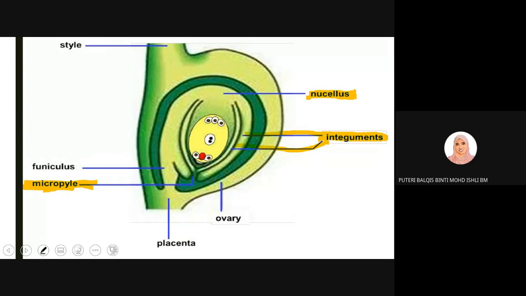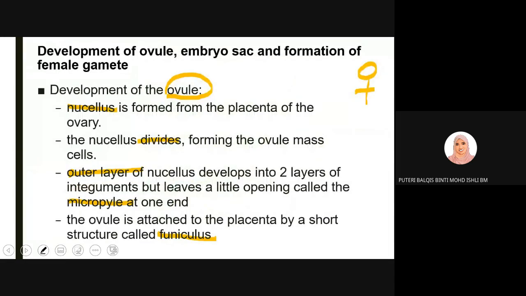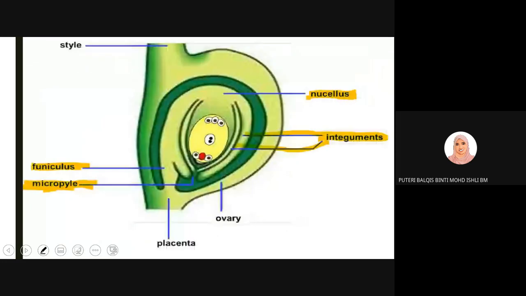And then we have the funicellus that will hold the ovule, attaching it at the placenta.